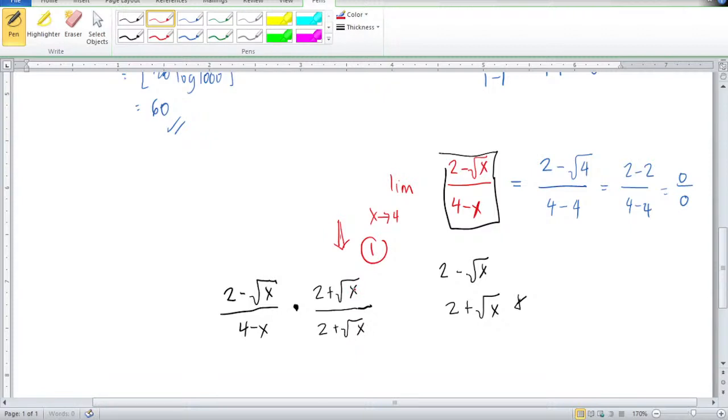If you observe, this expression is still equivalent to 1, because 2 plus square root of x over 2 plus square root of x is just 1. Now, when you multiply this to our original expression, nothing really changes, right?